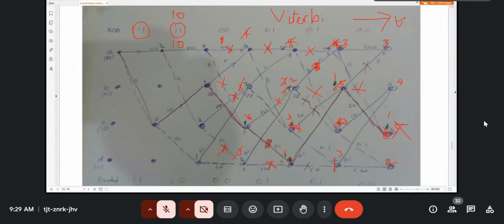But once you reach here, you can get to those places from 2 possibilities. To get here, you can get through here or through here. To get to here, through here or through here. So whenever you have those 2 paths, once you make a decision that this is the path I'm following, that becomes the survivor path, the survivor branch.